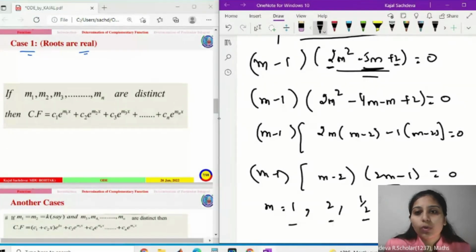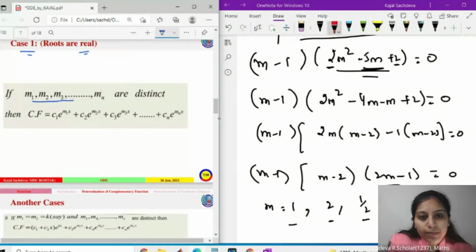Here we can see all the roots are distinct. So this is the case where m1, m2, up to mn are all distinct, and in this case we write CF as C1 e raised to power m1x plus C2 e raised to power m2x up to Cn e raised to power mnx.